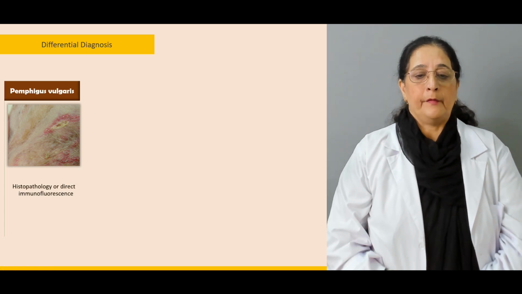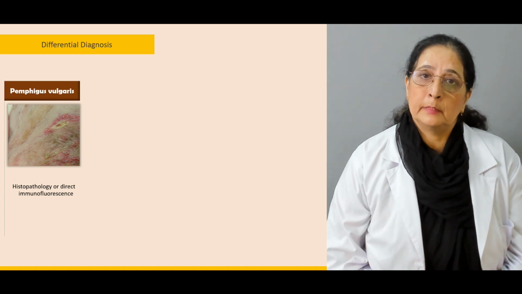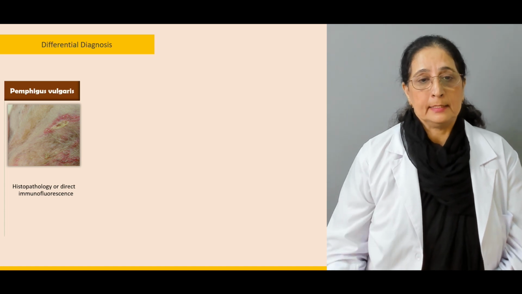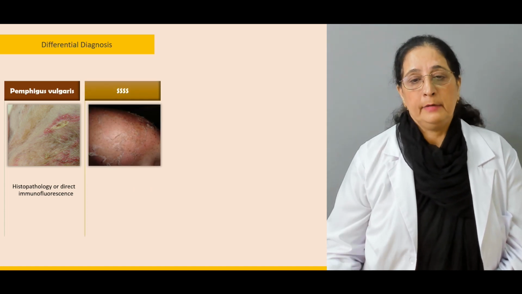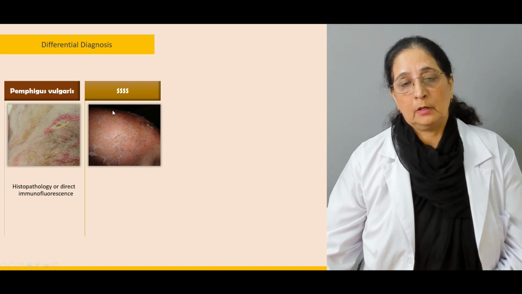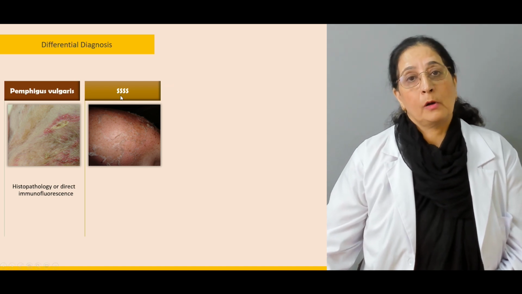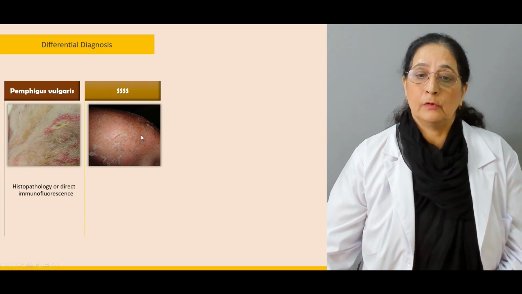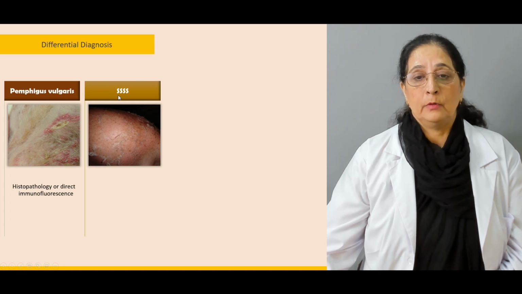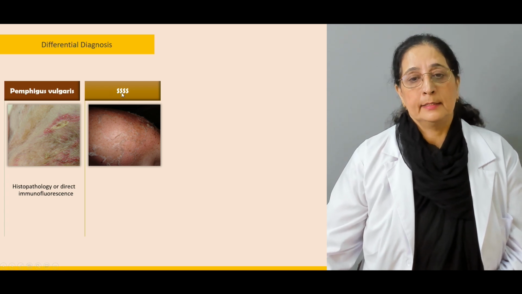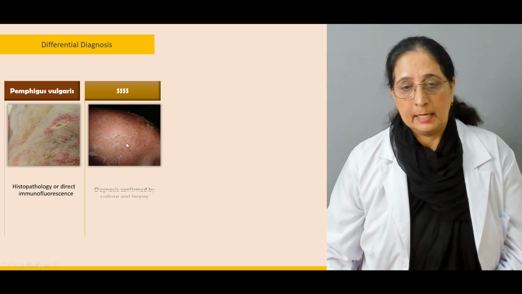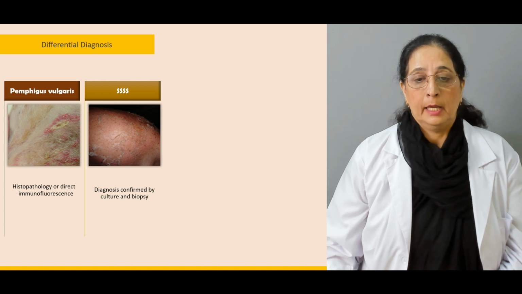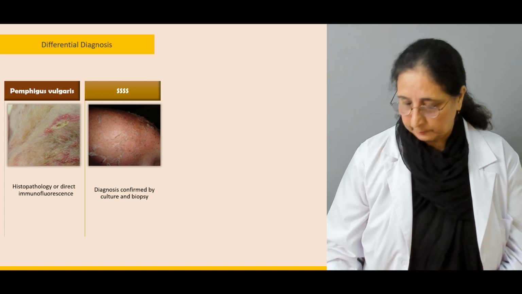Histopathology or a direct immunofluorescence test is performed to distinguish between a burn and pemphigus vulgaris. Then this is the picture of staphylococcal scalded skin syndrome. This is an infection caused by staphylococcus, and its diagnosis is confirmed by culture and biopsy, which gives the growth of staphylococcus.